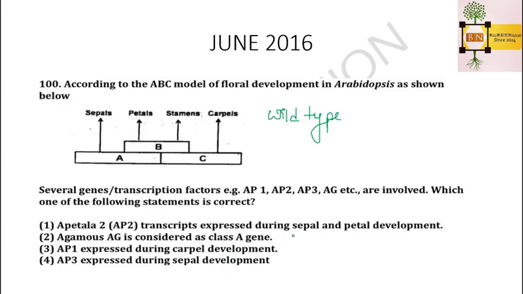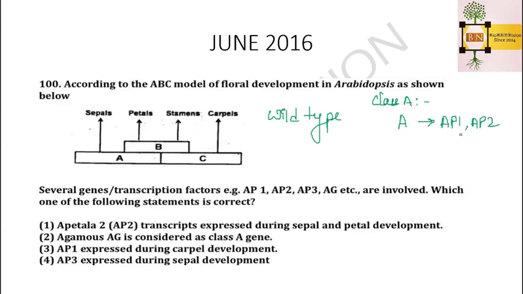So before solving which one is right, I will give you the brief idea again of what we have studied in the previous slides. Class A genes specify the sepals and petals, and A alone specifies the sepal. The genes involved are Apetala 1 and Apetala 2.